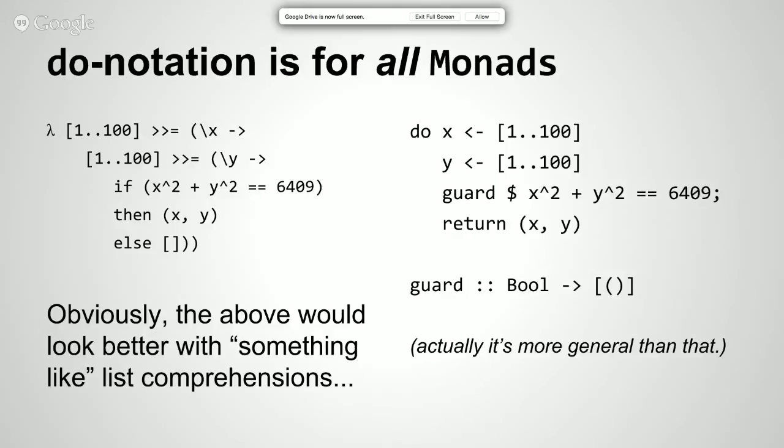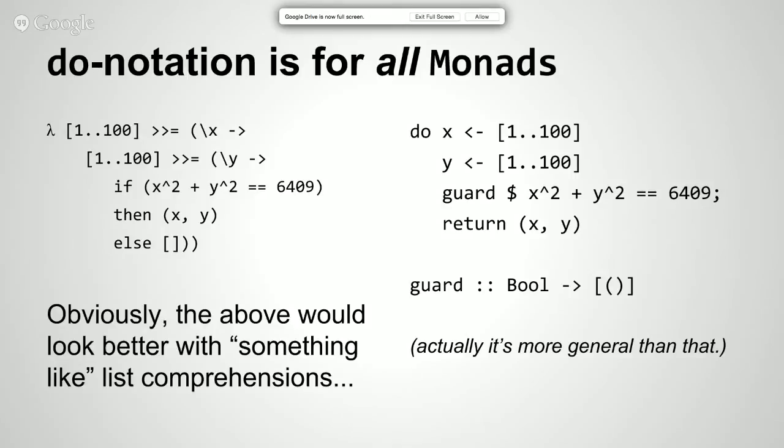And guard false returns the empty list. And because list comprehensions are Cartesian products, as soon as there's an empty list, it's like, okay, I'm throwing this out. So in this particular case, you have a Cartesian product of 10,000 things, but then they get through this guard, and most of them just get thrown out.